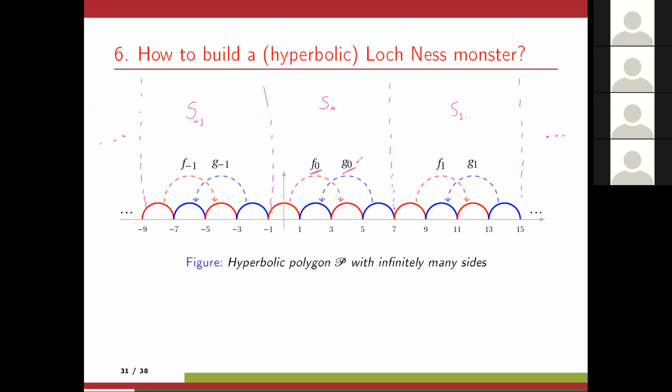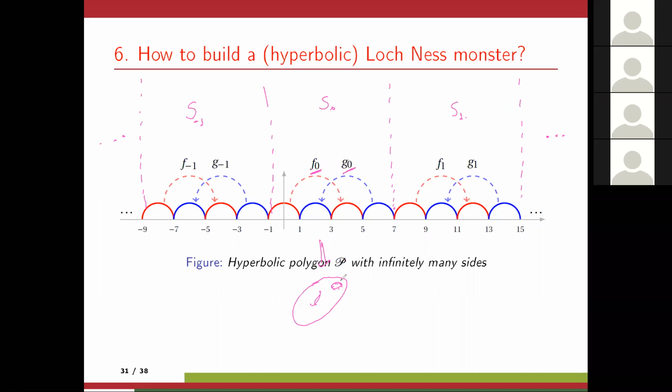From the topological point of view, if you remove the strip and glue using this identification, you have a torus minus a disc, only in this strip.